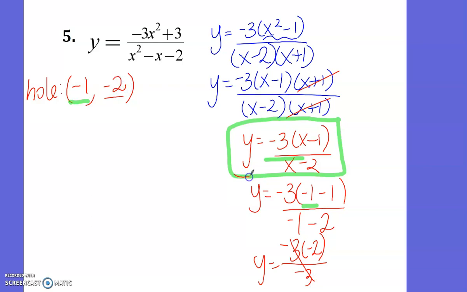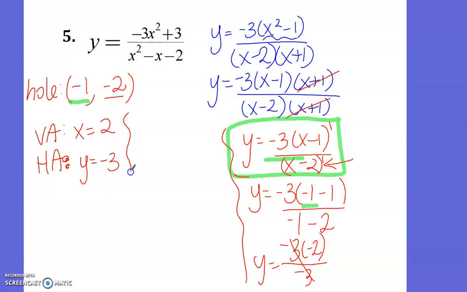Okay, so using this one right here, my vertical asymptote is going to be at x equals 2. My horizontal asymptote, it's the same degree in the numerator as it is in the denominator. So this is going to be leading coefficient over leading coefficient. So we're looking at y equals -3.